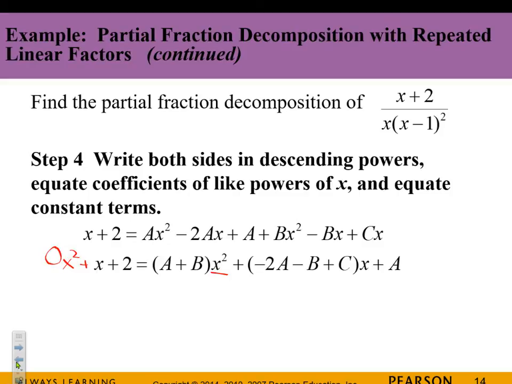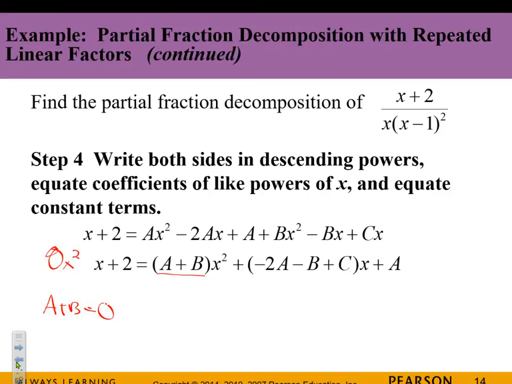So here's what I'm going to do. a plus b equals 0. So whatever's in front of x squared on the right side should equal whatever's in front of x squared on the left side.